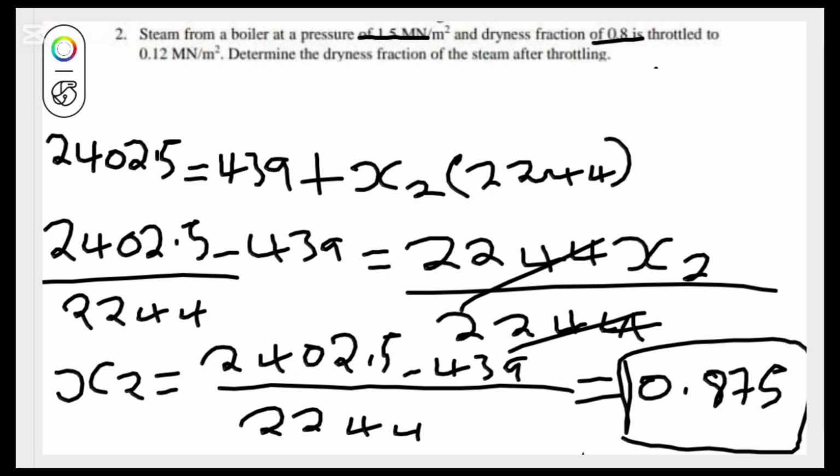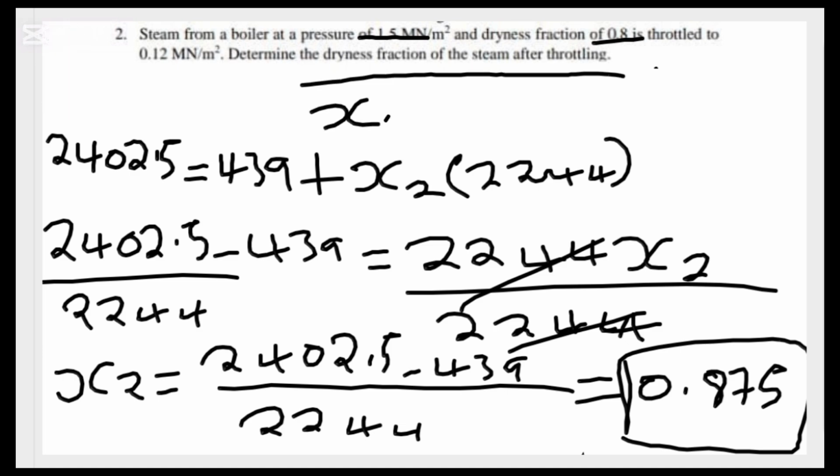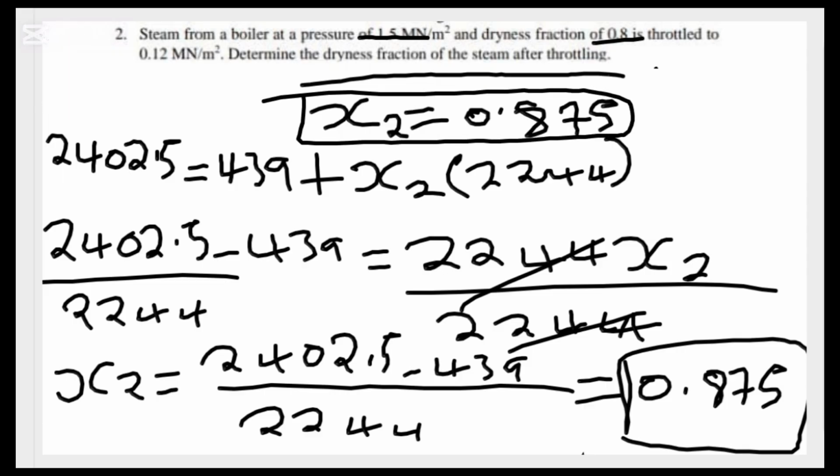So this is my x2. We are to determine the dryness fraction of steam after throttling. Therefore x2 is 0.875 after throttling.